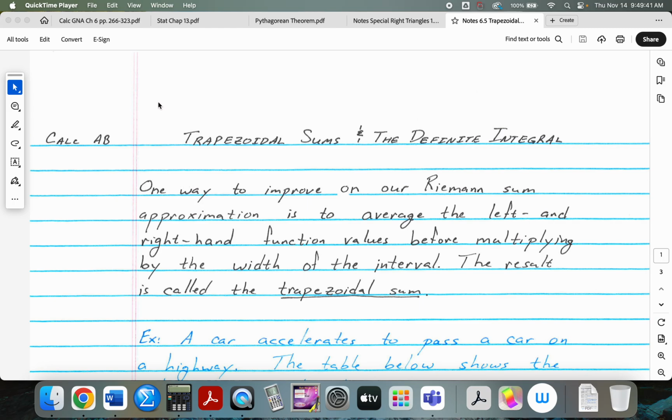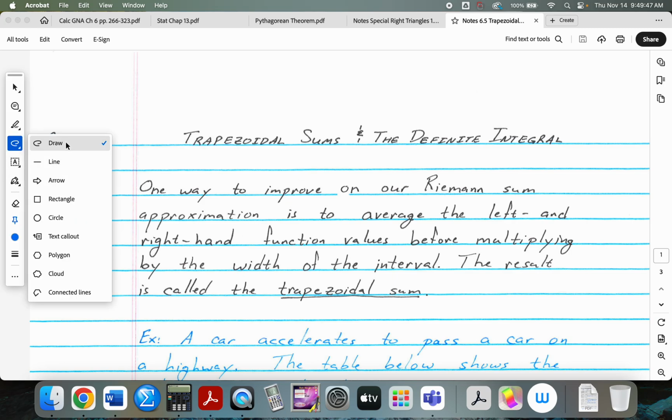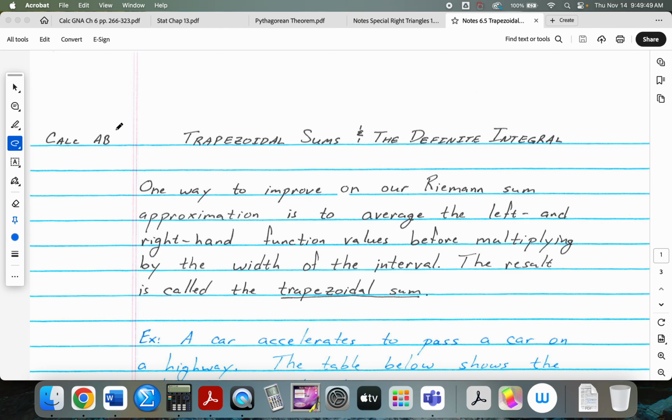And what we're actually doing is this. Oops, forgot that I didn't have this on yet. You have this curve here, and let's say we were just doing one subdivision. That's one subdivision of this. Instead of just using the left or just using the right or even using the midpoint, what we can do instead is connect those two and create a trapezoid.